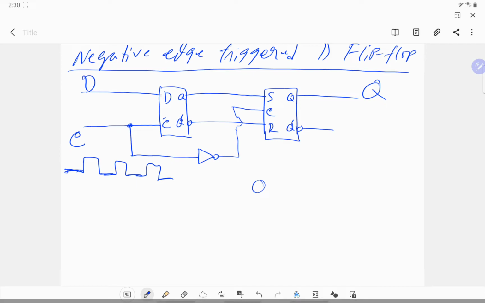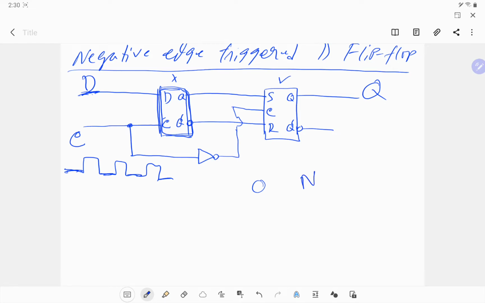The first latch is inactive, and the second latch is active. So this input D does not go to the output of the first latch, and then this D will never go to the output of the entire flip-flop. This means that no changes occur.